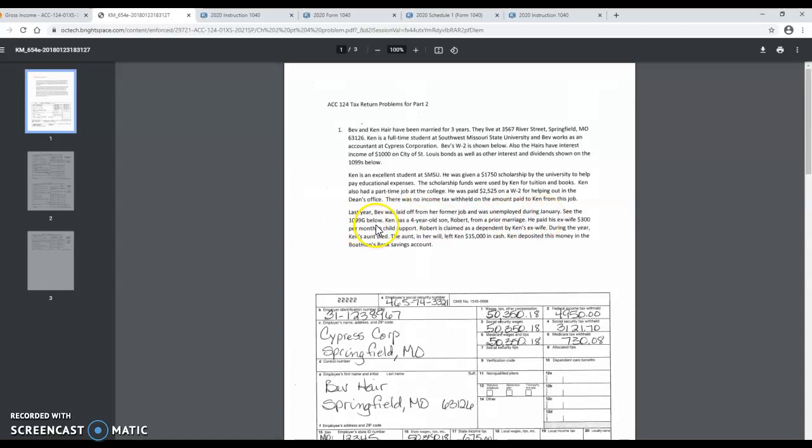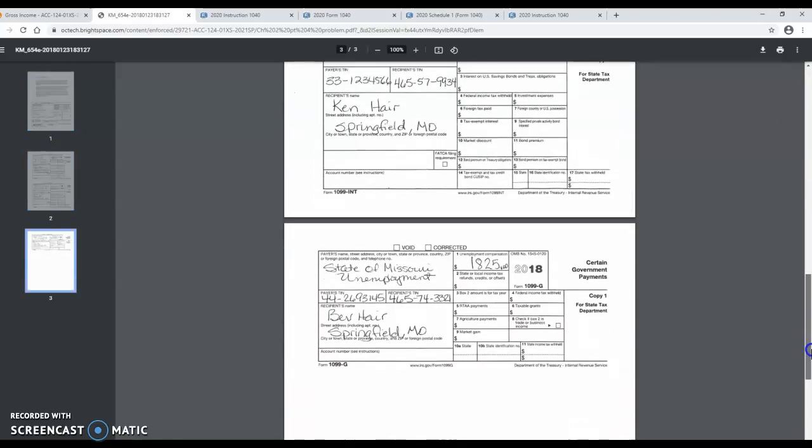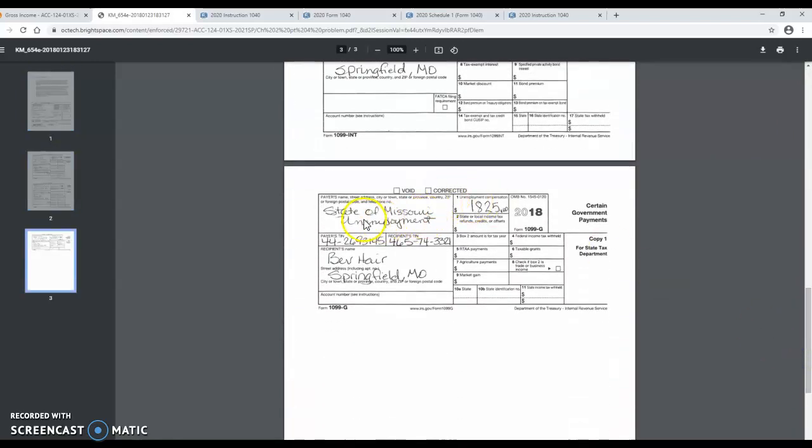See the 1099-G below. We took care of Ken's son, and then we have another couple of sentences. So let's take a look at that unemployment 1099-G. Here it's down at the bottom. It was the state of Missouri, and that was $1,825 of unemployment.